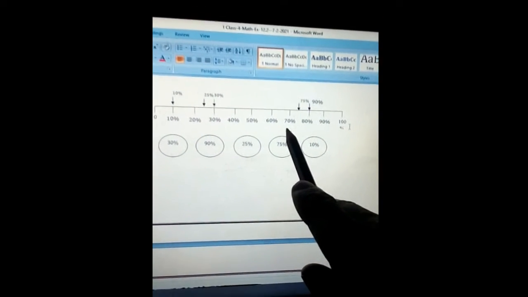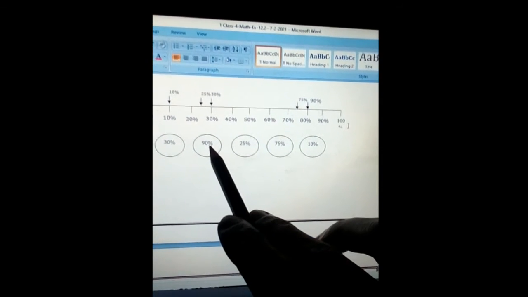After that, 75%, which will be in between 70 and 80%. 75%. Last is 90%.